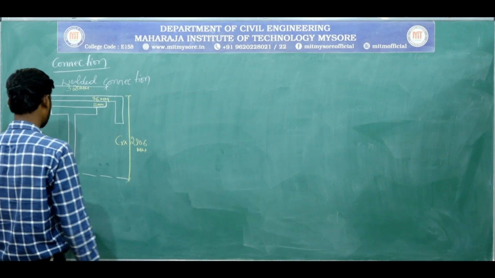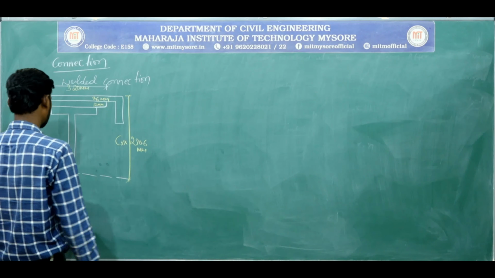320 into 12 is the plate. So here we are going to consider this as the first member, this is the second, and this as the third member.